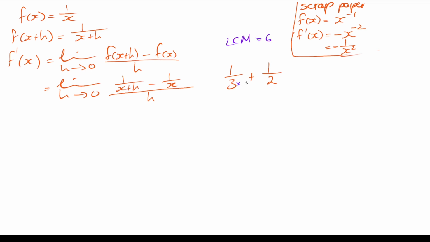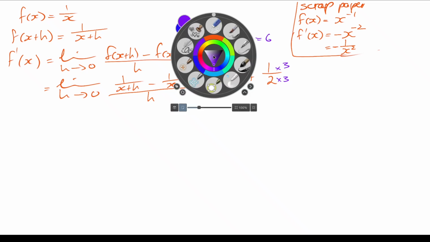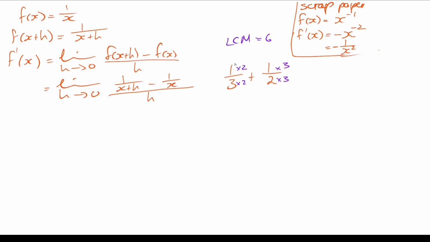So it's times 2 and times 2, and for this guy, it's times 3 and times 3. What you do below, you have to do on top. As above, so below. Or as below, so above. So what would happen here is you'd end up with 2 over 6 for this guy, plus 3 over 6 for this guy, and that ends up being 5 over 6.